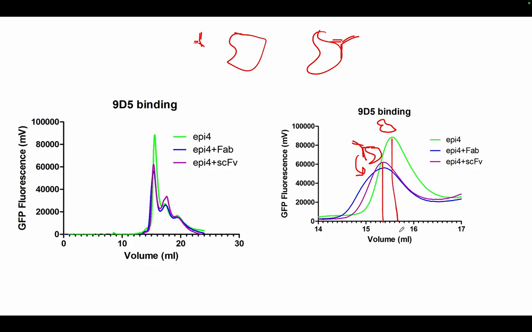The peak has shifted towards the left because the addition of the antibody has made it into a bigger complex, and that is why the peak has shifted towards the left. So this way I can tell if my protein is binding or not. Maybe I won't be able to tell the exact affinity. I won't be able to calculate any of the parameters associated with the binding, but I can get a simple yes or no answer. Is it binding or not?